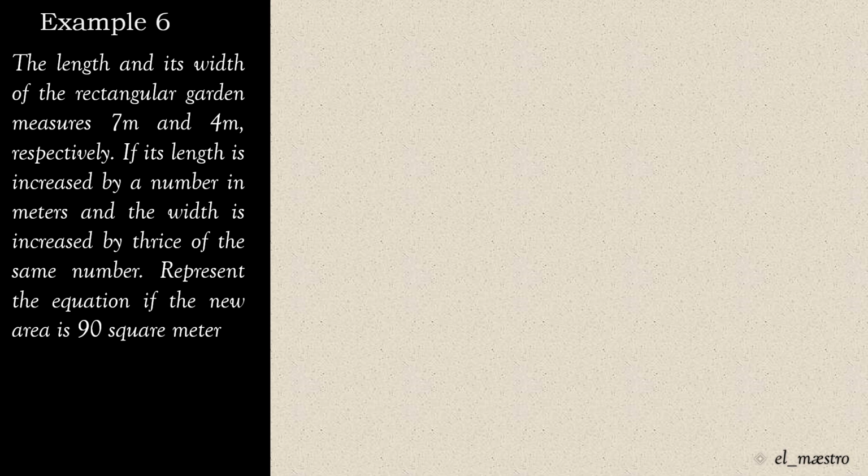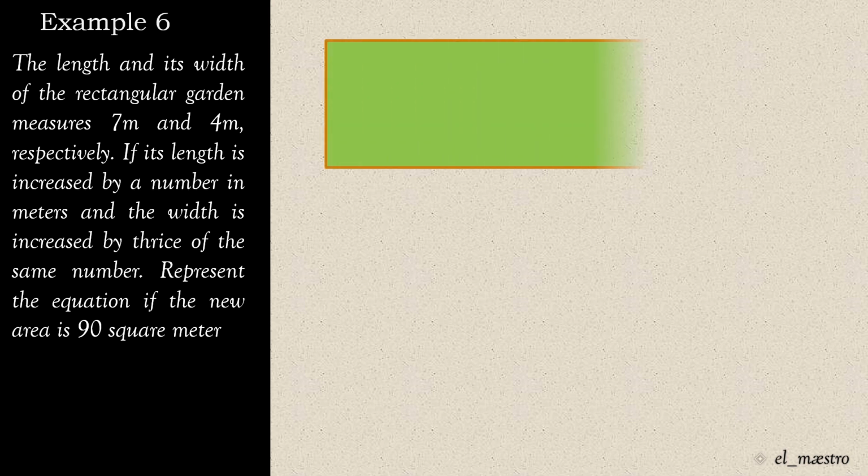So imagine what is in the problem. It says you have a rectangular garden. So you draw a rectangle. Then on your rectangle, it says the length is 7 meters, so you put 7 meters. Then the other one, the width is 4 meters.